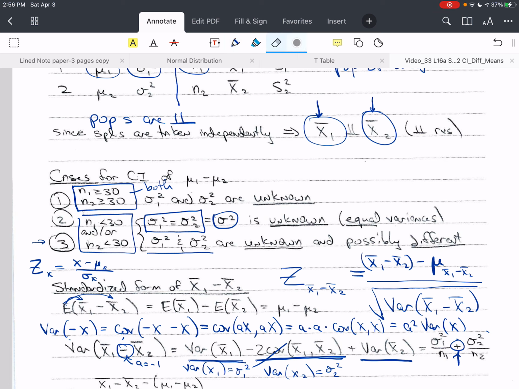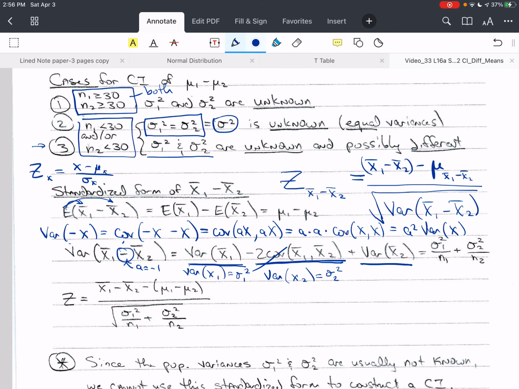The variance of everything always has to be positive, remember. We can't have a negative variance. It just doesn't exist. So this is our expression for the variance of x bar 1 minus x bar 2.